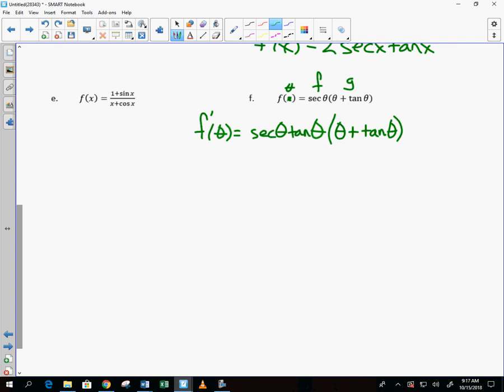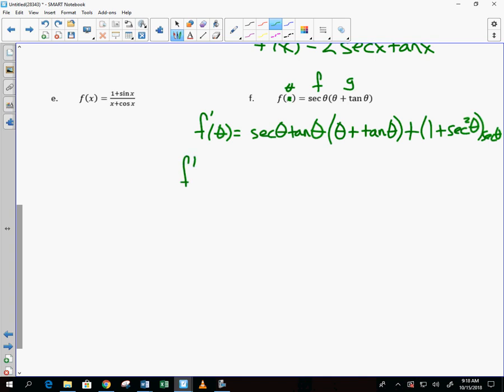Everybody with me? Plus, what's the derivative of theta? 1. What's the derivative of tangent? Secant squared times secant. I'm going to multiply these in case something will combine together, or maybe something will factor out.